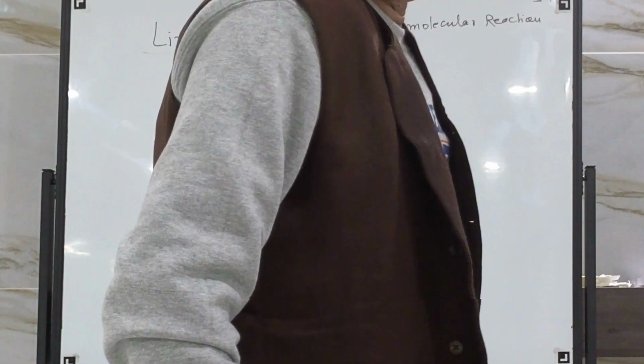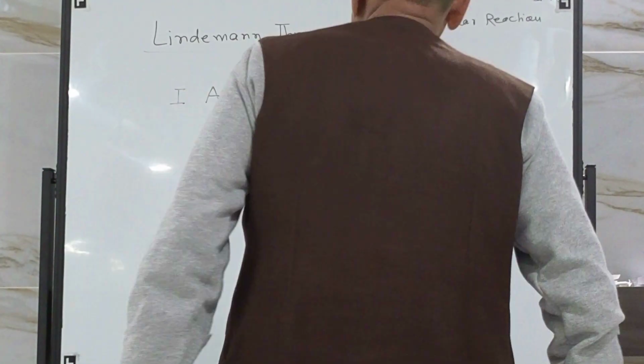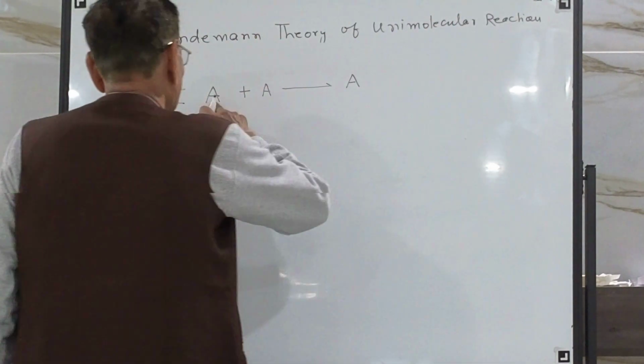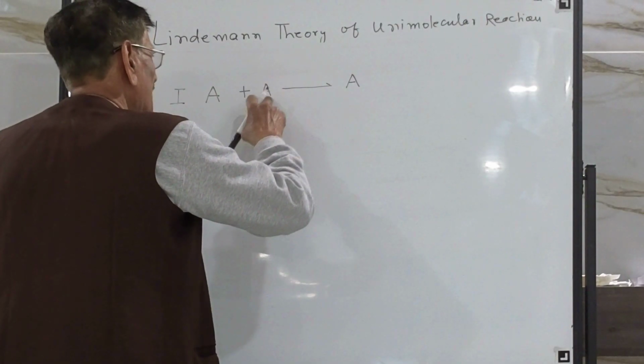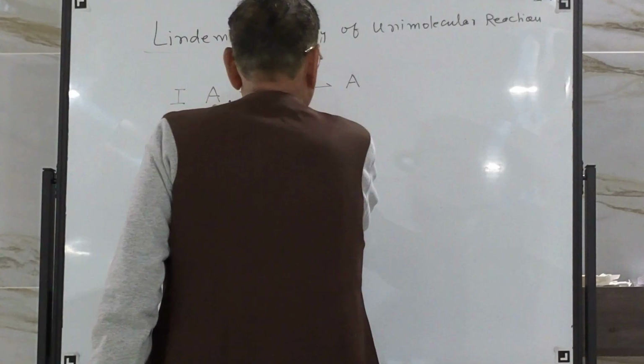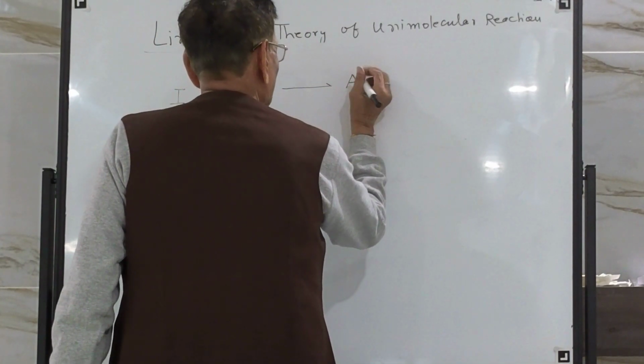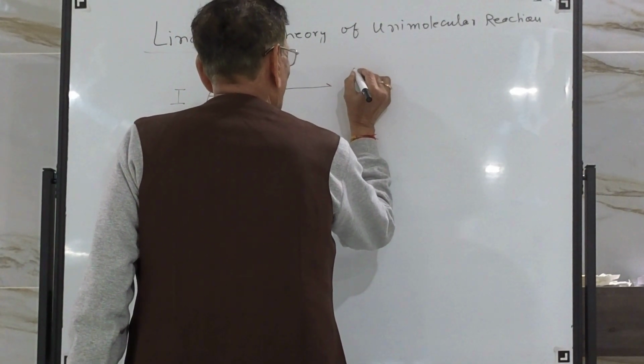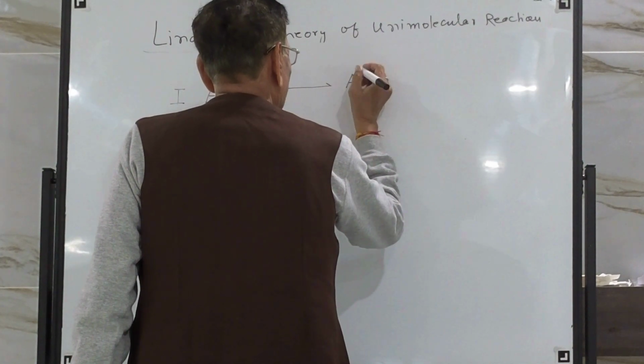In the redistribution of energy, suppose this molecule gives energy to that molecule. So the energy of this molecule will decrease and the energy of that molecule will increase. So A will become an activated molecule. This is the activated molecule.